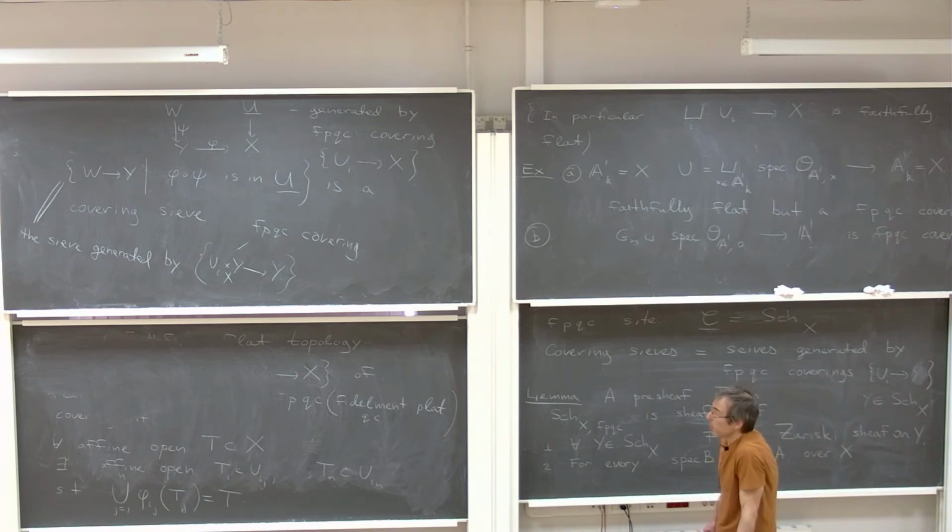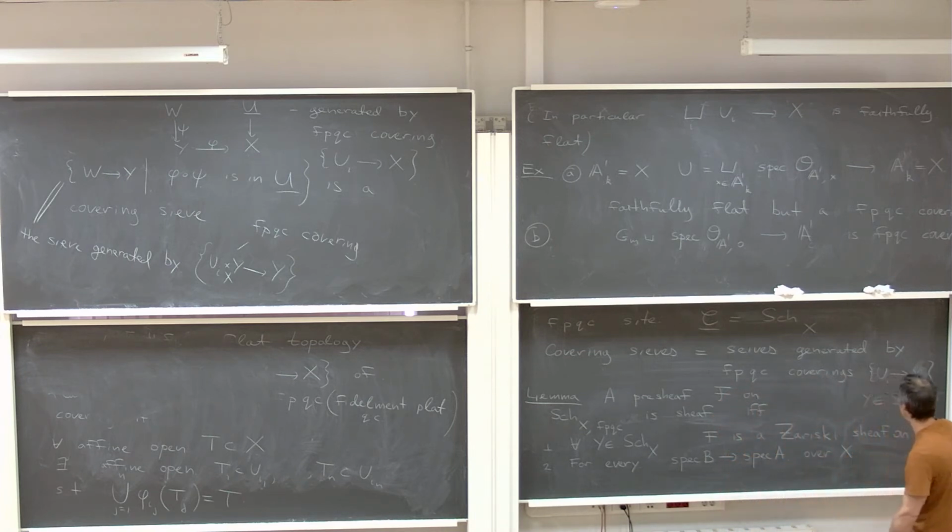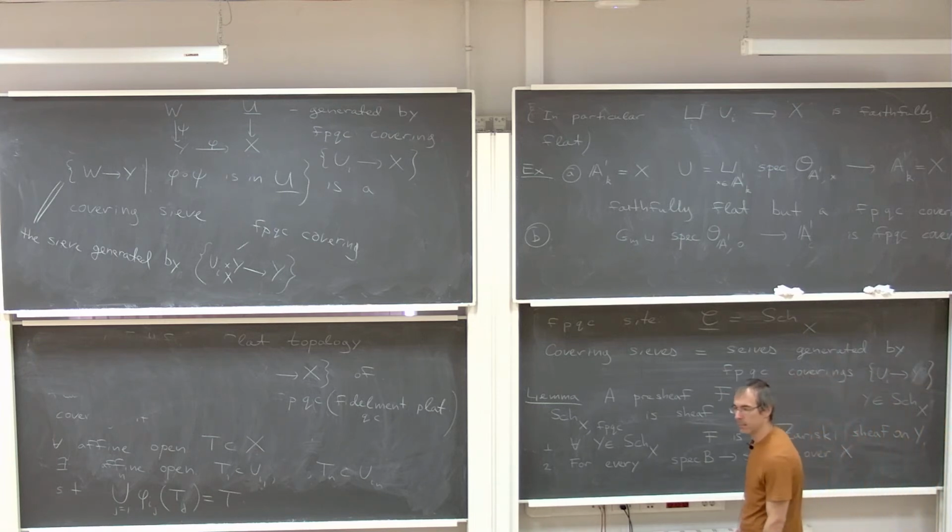This is also a very good question. So there is a version of an étale site, which is called the big étale site, where you consider, for the category, all schemes over X, not necessarily étale schemes.